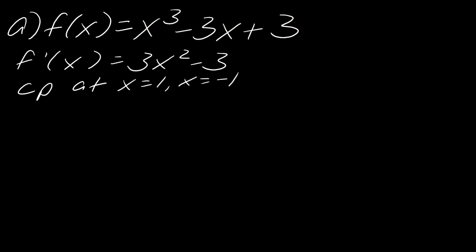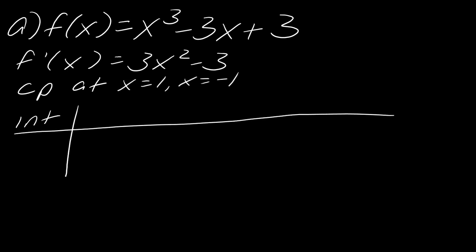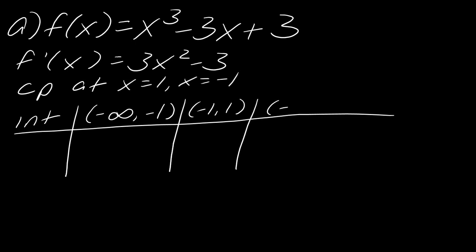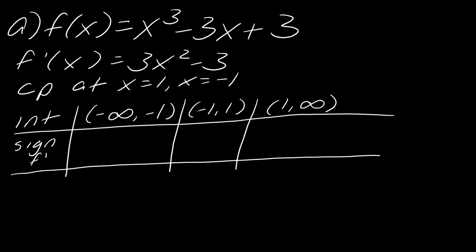So I'm going to create my table with my intervals: from negative infinity to negative 1, from negative 1 to 1, and then the final interval from 1 to positive infinity. So I've broken up the domain. Then I'm going to have the sign of f prime in each one of those intervals, and from there, I can make my conclusions.